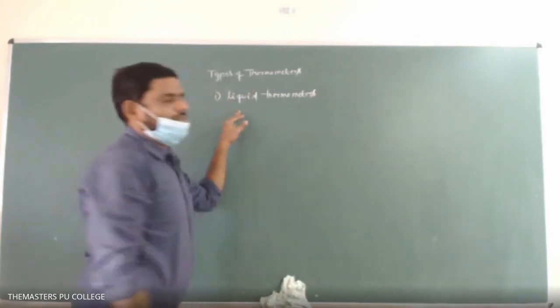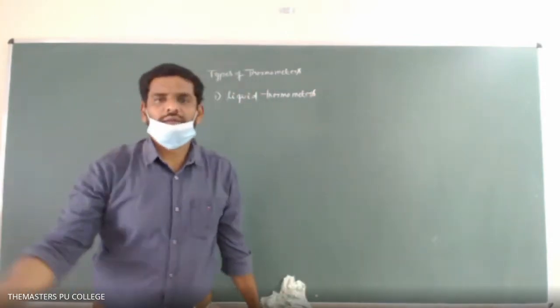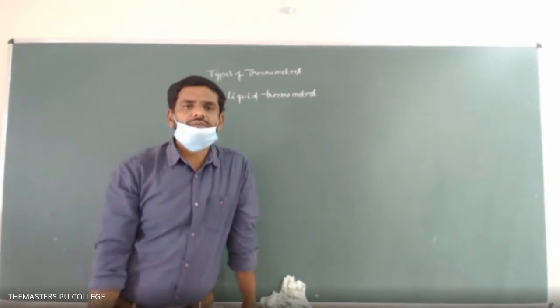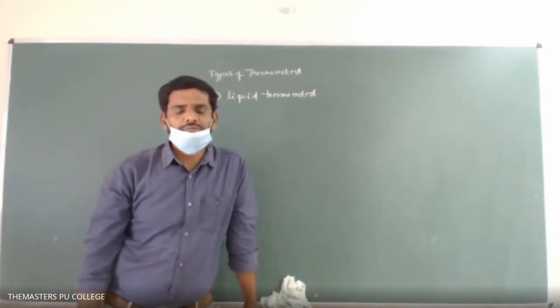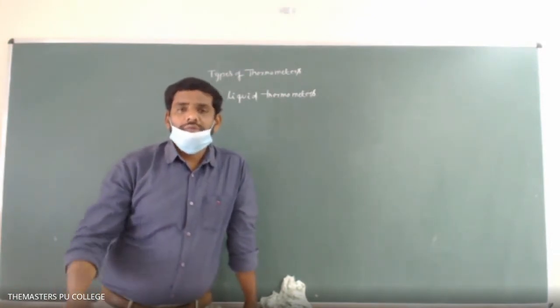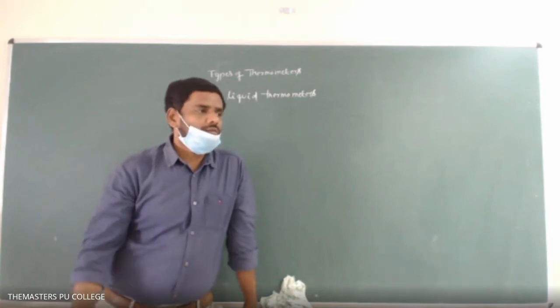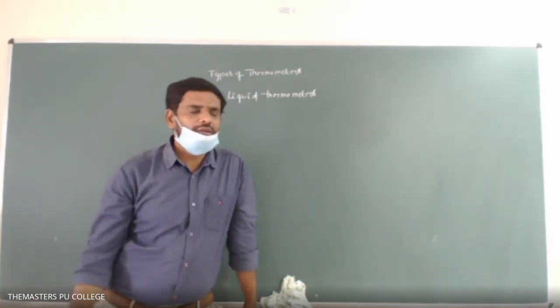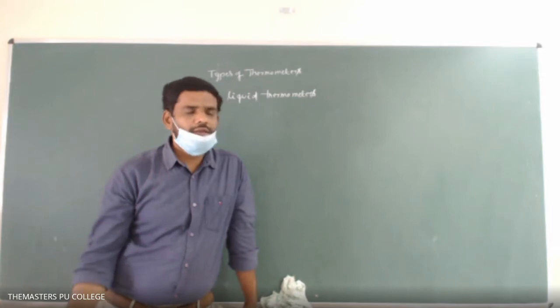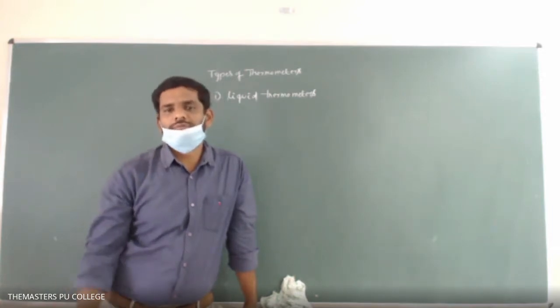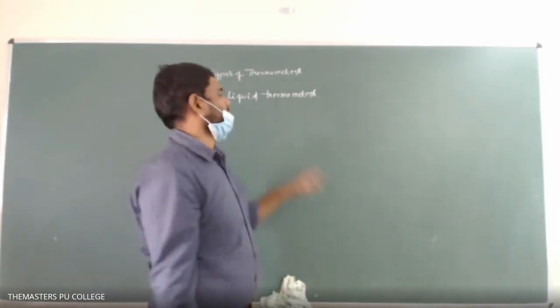Liquid thermometers are what we usually use at home for domestic purposes. Example, mercury. Mercury is a liquid or solid? Liquid, no? That type of thermometers are called liquid thermometers.